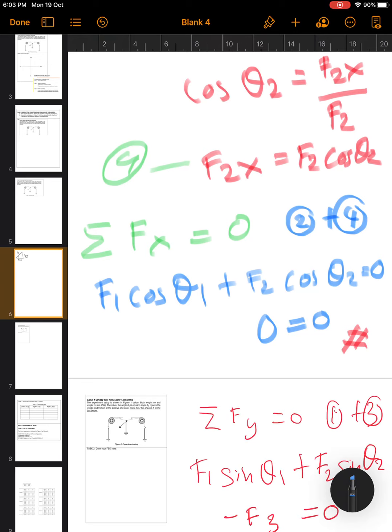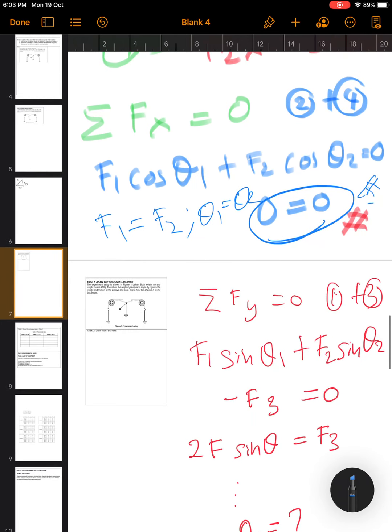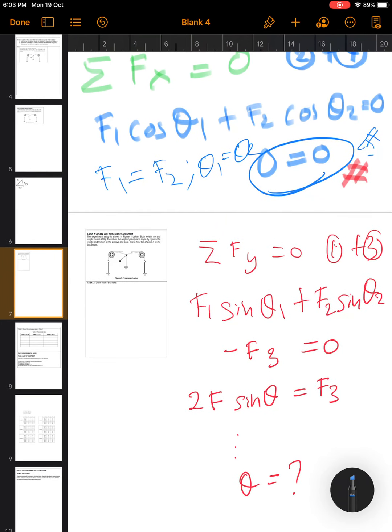So we have F1 cos theta 1 plus F2 cos theta 2 is equal to 0. Since F1 is equal to F2 and theta 1 is also equal to theta 2, this gives 0. So this equation cannot be used. So we go to Fy equal to 0.